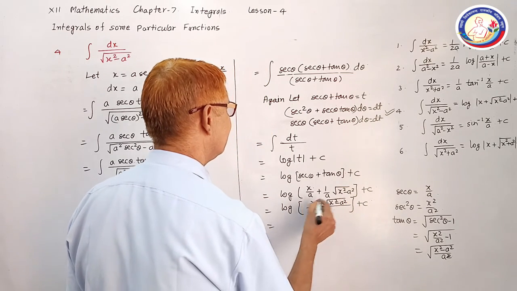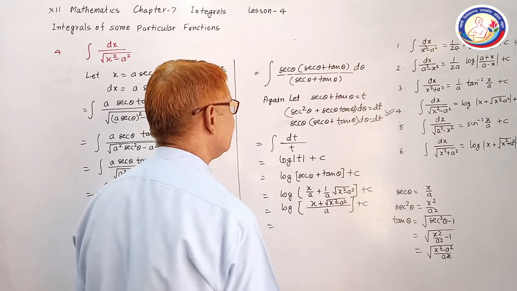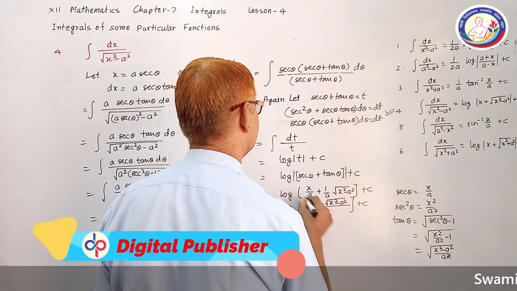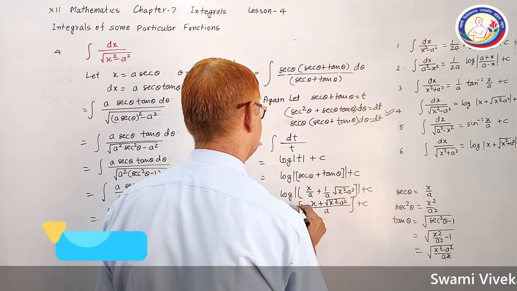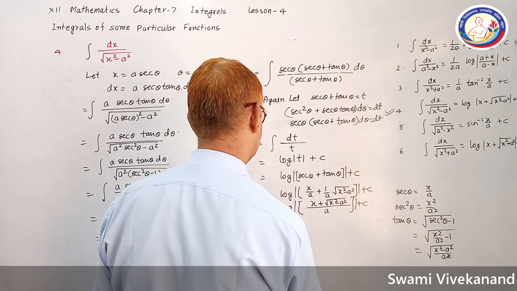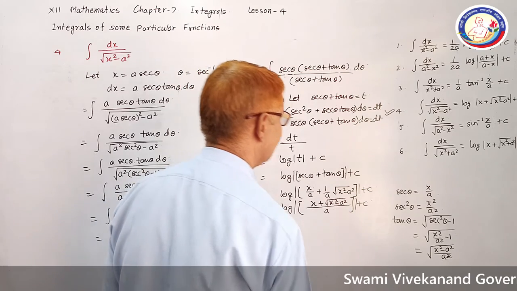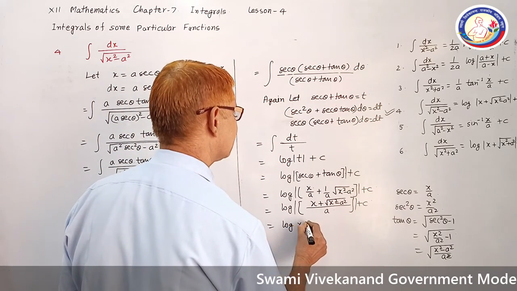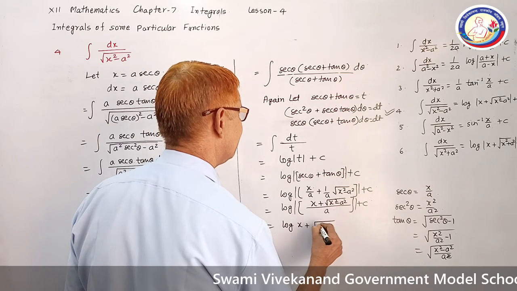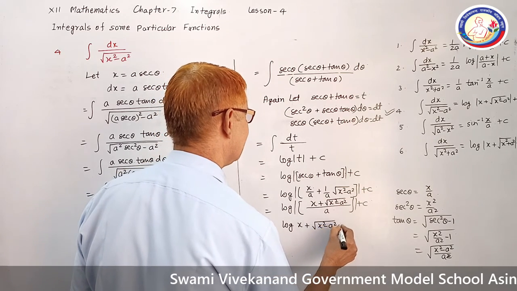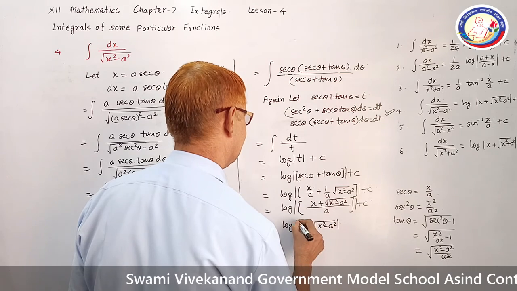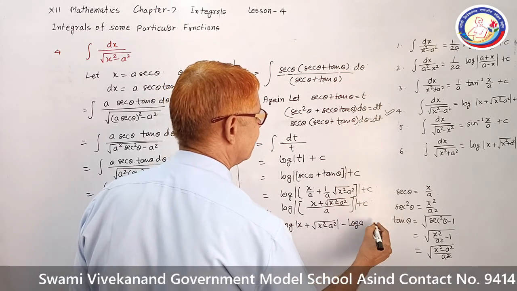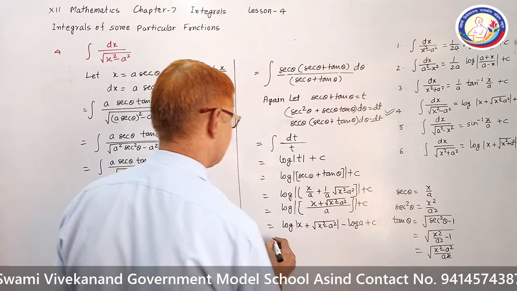We can write it in two parts. We can use the division formula. It will be log of x plus square root of x square minus a square minus log a, because it is in denominator, plus c.